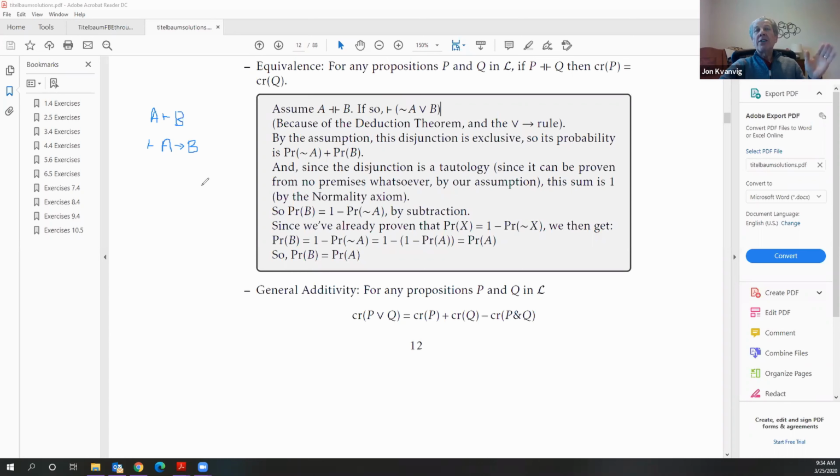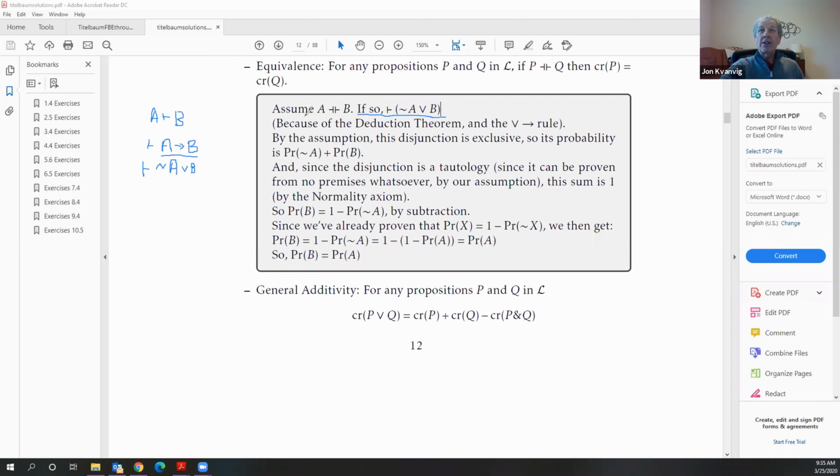Okay, so take for granted the deduction theorem and then convert this formula by the wedge arrow rule, and you get not A or B. And that too will be a theorem. Okay, so that's the first step of the proof.